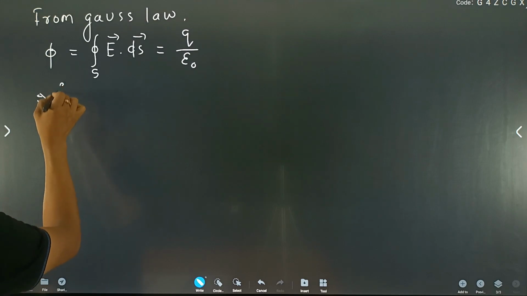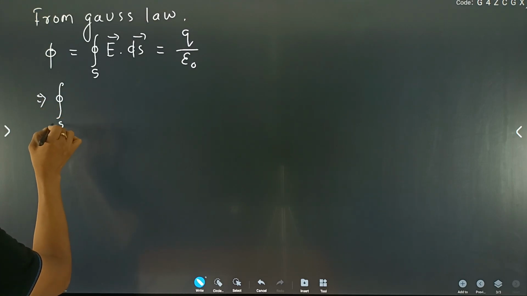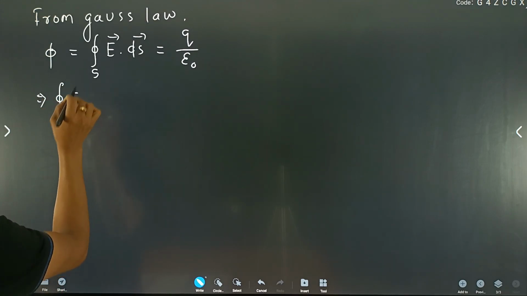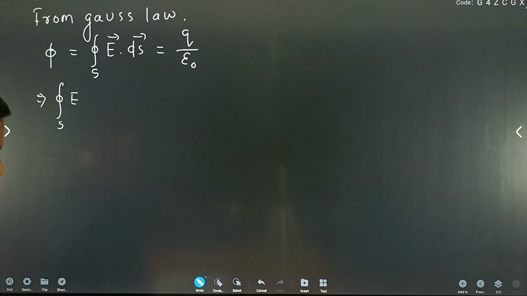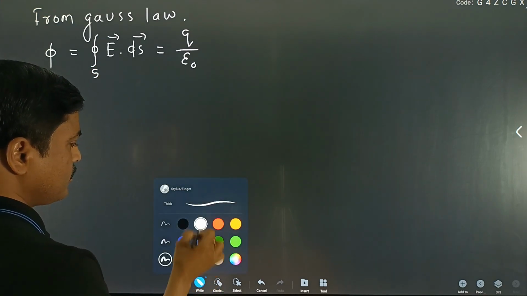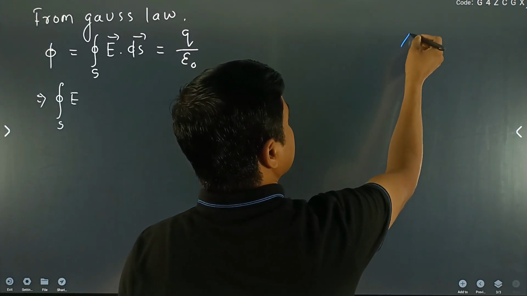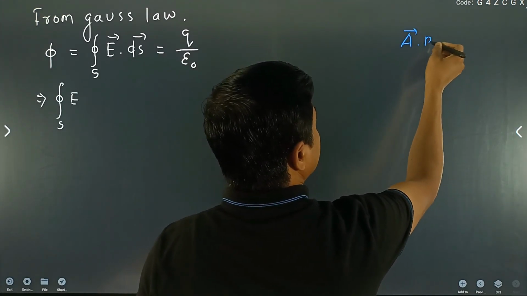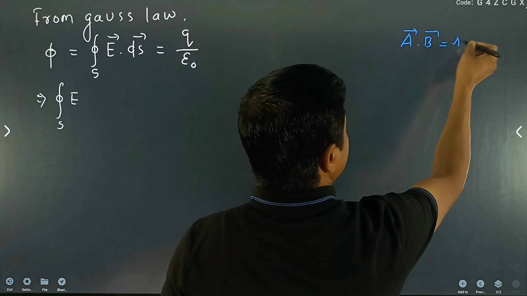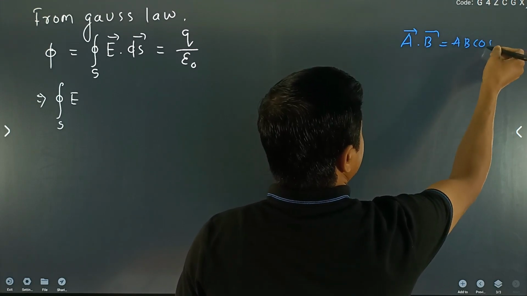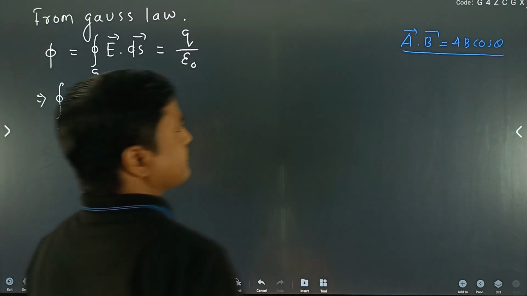That implies, integration over the closed surface. This is A vector dot B vector, and you know in class 11, A vector dot B vector is equal to AB cos theta. You know this formula.